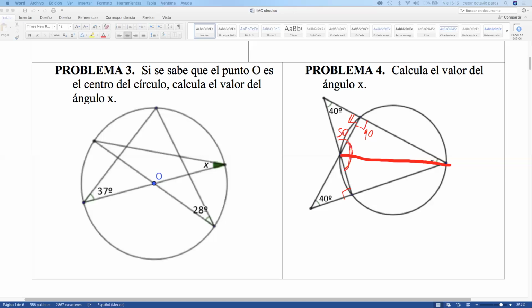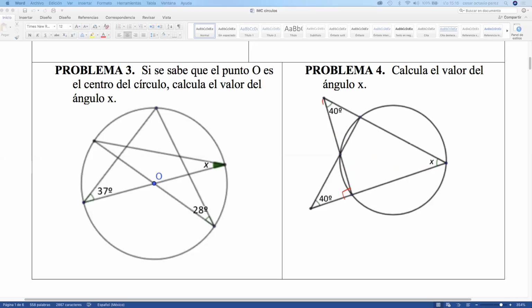This is just, esto es 180, ¿no? All this, it's 180. We have here 130. We have here 65. Here we will have 25. And also here we have 25. Okay. Let's see.